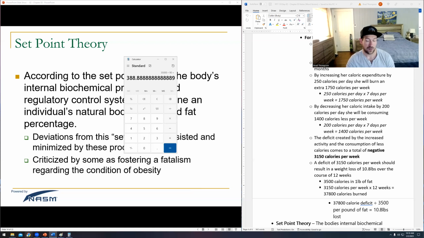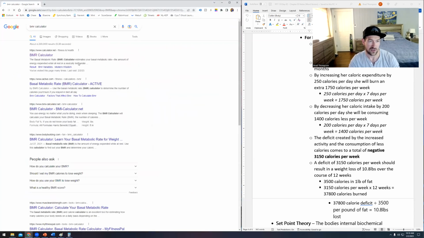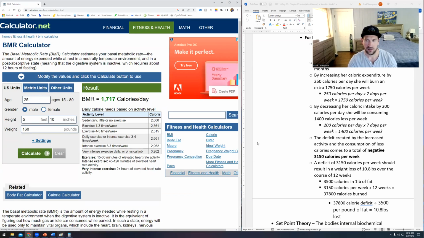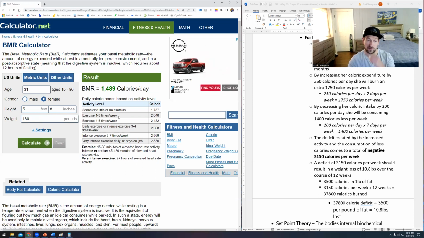By the way, let's make an actual Samantha here. How much weight did she want to lose? 10 pounds. So let's say Samantha is 31 years old. She's 5'8" and she weighs, we'll say, 160 pounds. So her goal is to get down to about 150. And currently she's exercising 1 to 3 days per week.